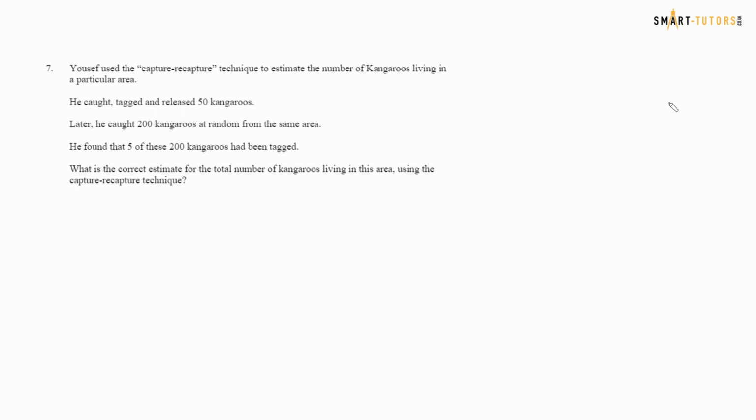So question number 7. Yusuf used a capture-recapture technique to estimate the number of kangaroos living in a particular area. He caught, tagged, and released 50 kangaroos. So 50 over P. Remember the equation, M over P equals small m over small p. So 50 over P equals, later he caught 200 kangaroos. Out of 200, 5 of them had been tagged.